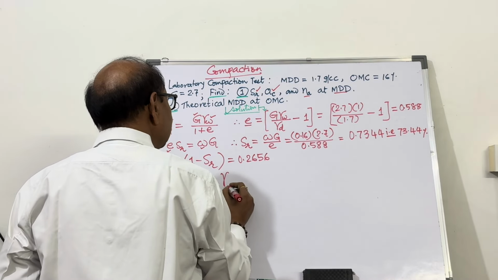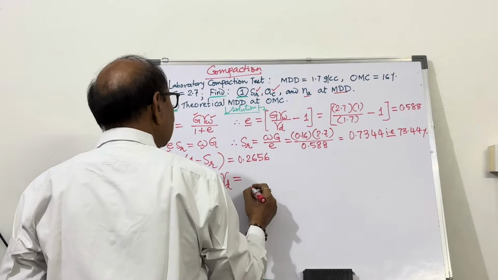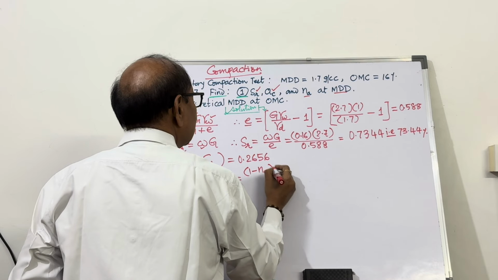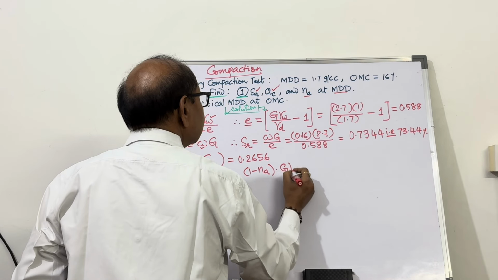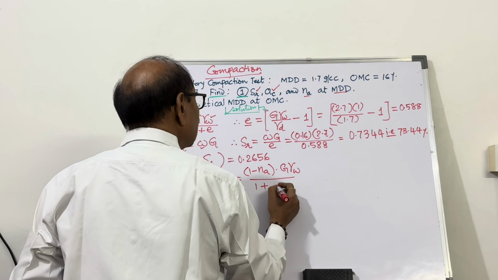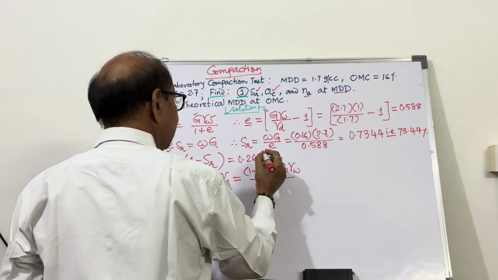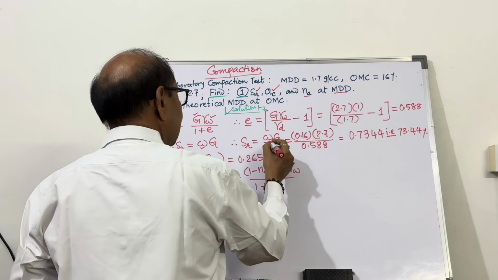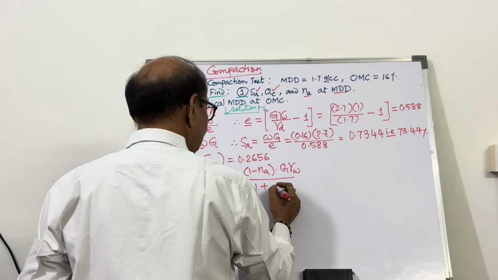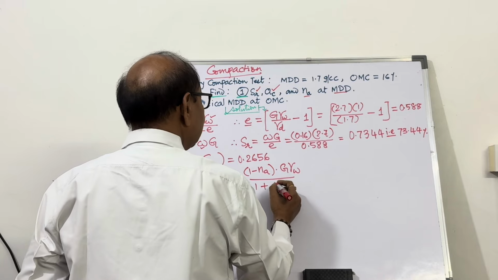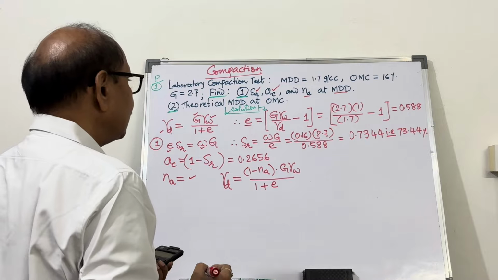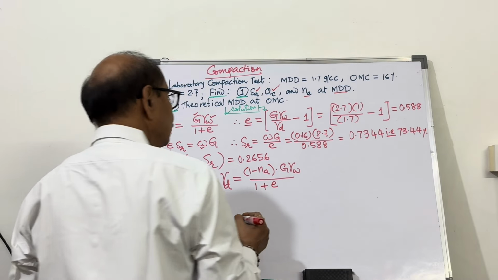So at MDD, that is gamma d equal to 1 minus Na, G gamma w upon 1 plus e, which is going to be w G upon Sr. So at MDD we already know the value of void ratio.